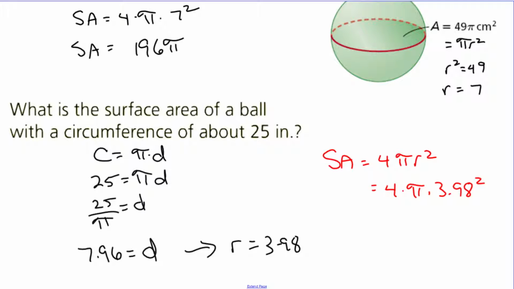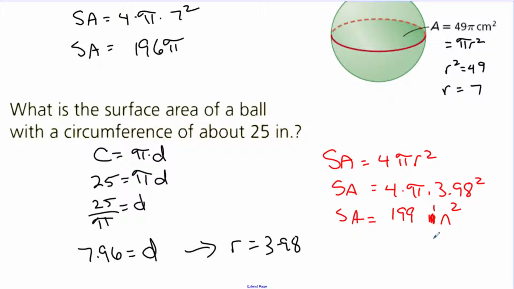Okay, 3.98 squared is about 15.84. And then I'm going to multiply that by 4, and then I'm going to multiply that by pi, and I get about 199. Okay, so we'll say the surface area of this sphere is about 199. Again, in this case, inches is my units, so inches squared or square inches.